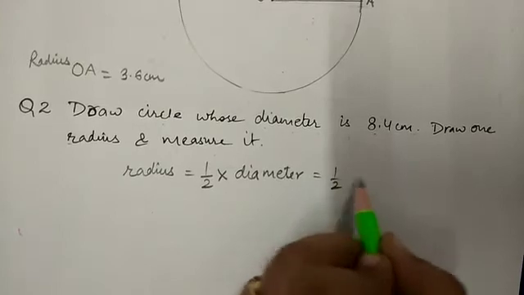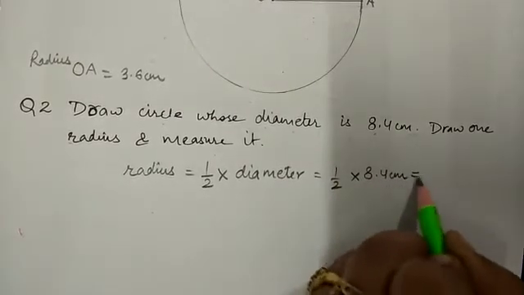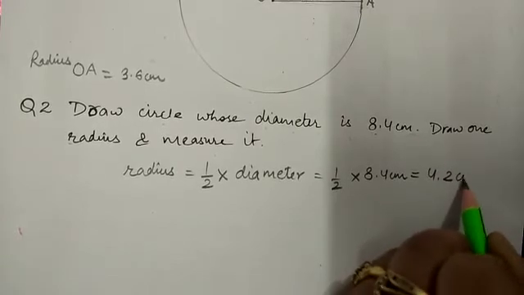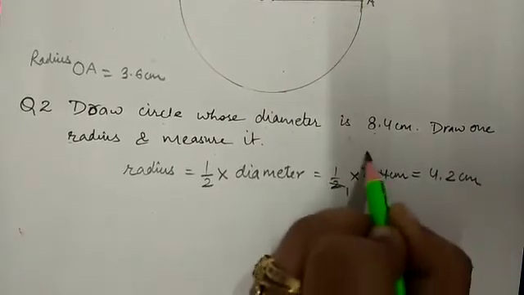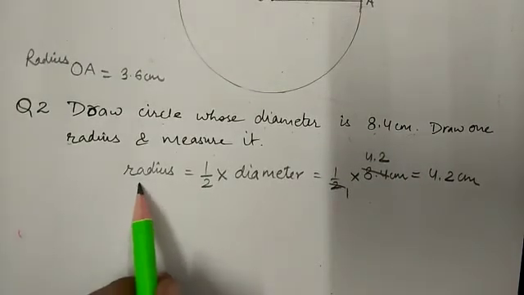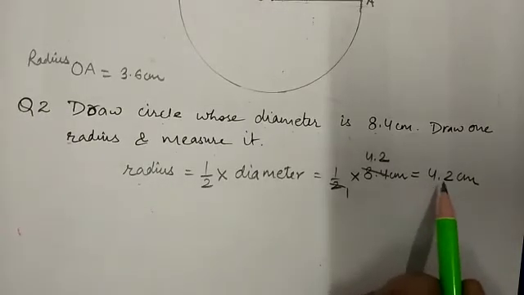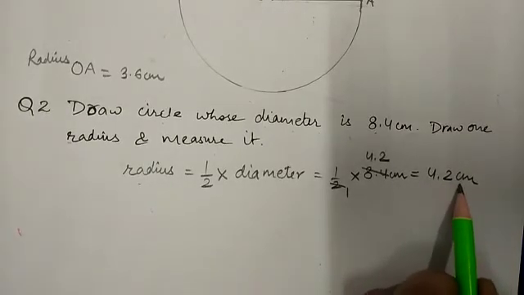Here diameter is 8.4, so half into 8.4 will be equal to 4.2 centimeter. It means we have to draw a circle whose radius is 4.2 centimeter.